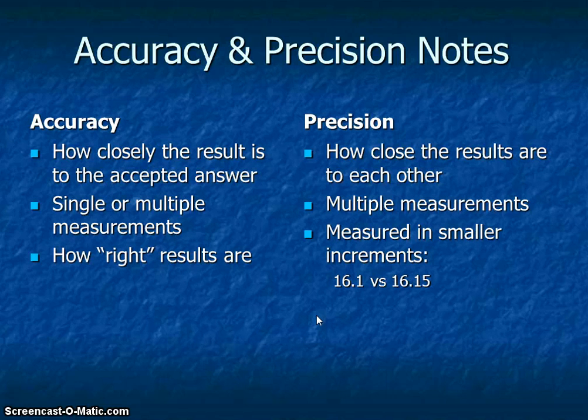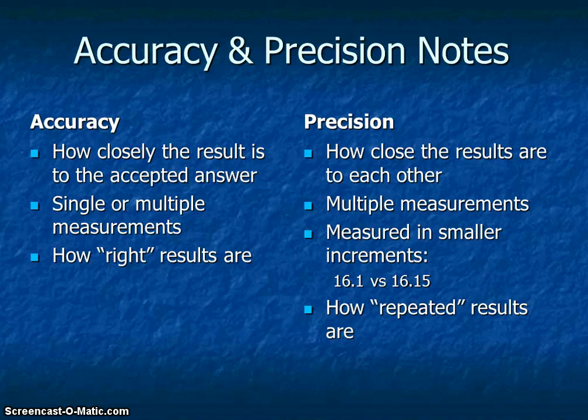The next time that you launch an arrow at that target, it might be wildly off. It might not even hit the target. So to make sure that the person shooting the arrow is both accurate and precise, you would want to have multiple arrows. Precision is going to then see how repeatable your results are.